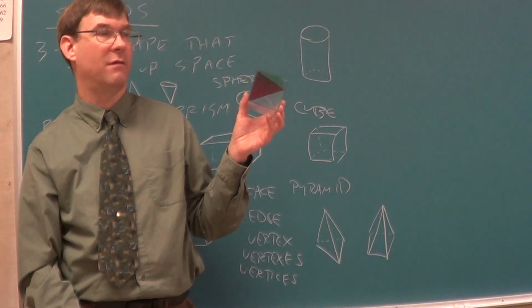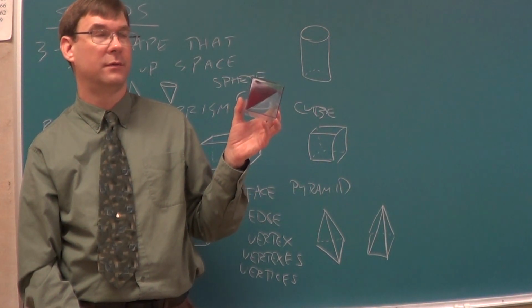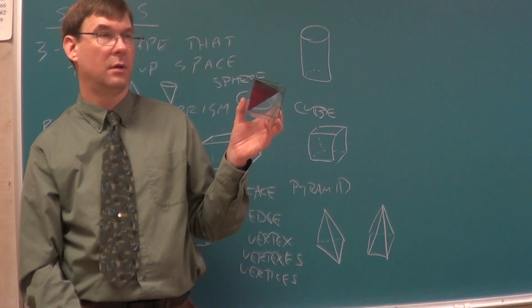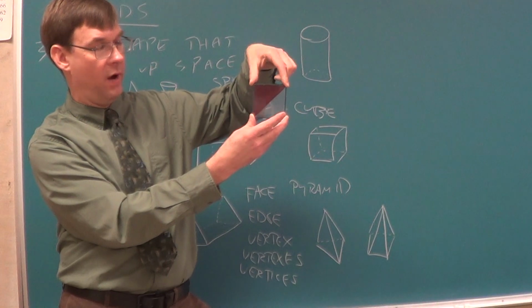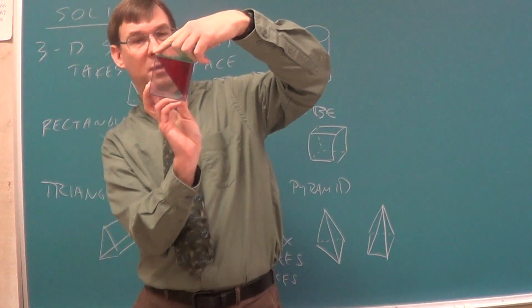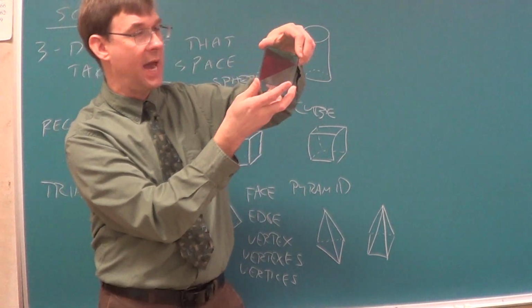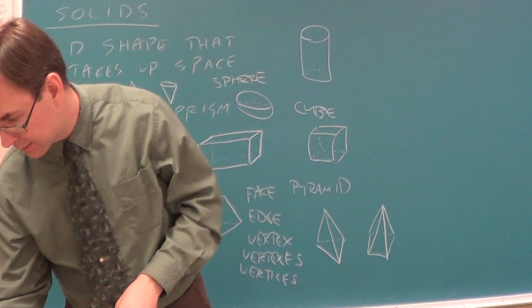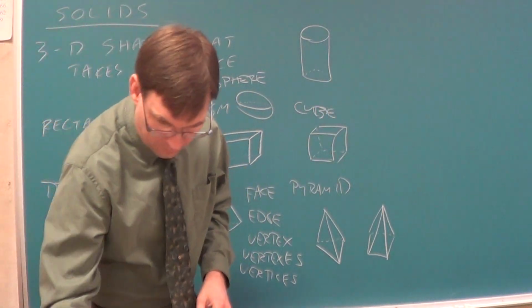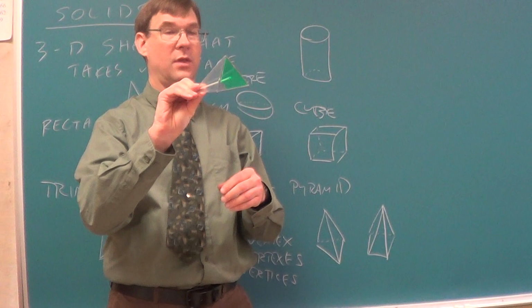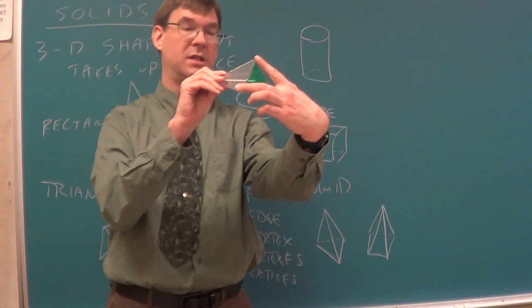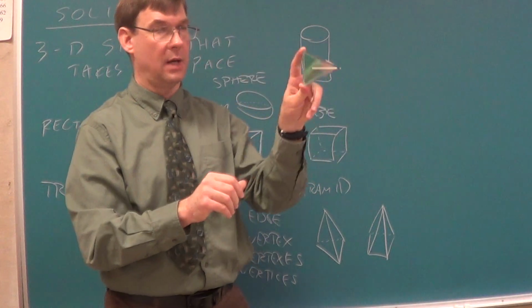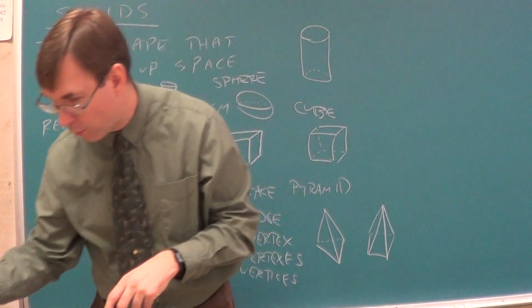What would be our count on vertexes here? 8. There's 4 corners that you can see right now on the front. And then if I spin it, there's a matching 4 on the back. So this has 8 vertexes. How about this thing? 4. 3 that are facing you, and then the 1 in the back would make 4.